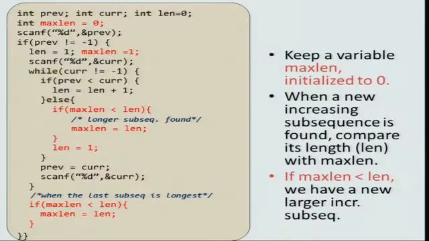So, if the last sequence is the longest, you also have to handle the case separately. We will see an example where, if you exit out of the loop, that is, you have already seen a -1, you just have to check whether the last increasing sequence that you saw was in fact the longest. So, there is a small if block at the end to do that.